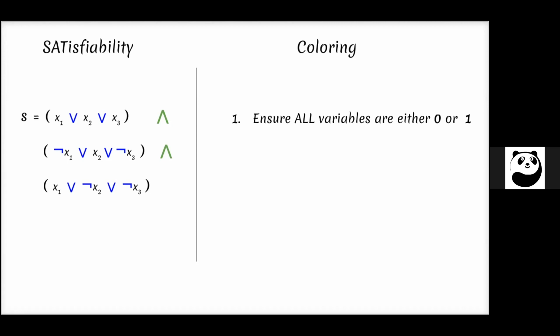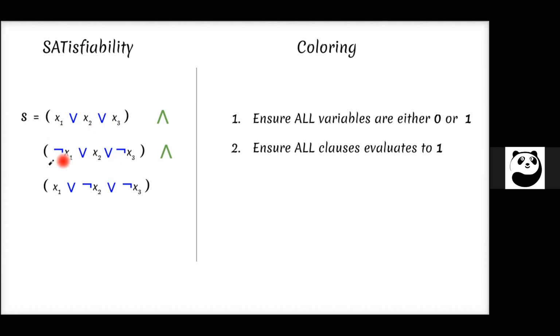All variables are either 0 or 1. Okay, so we are not allowed to leave a variable out. Every variable must be assigned either 0 or 1. And all the clauses must evaluate to 1. So here in this clause, at least one of the three has to be a 1.